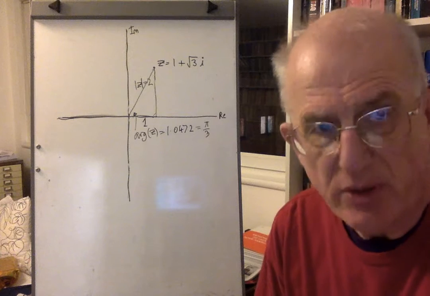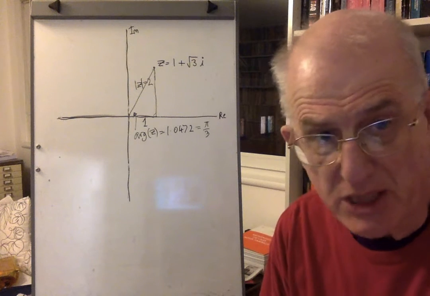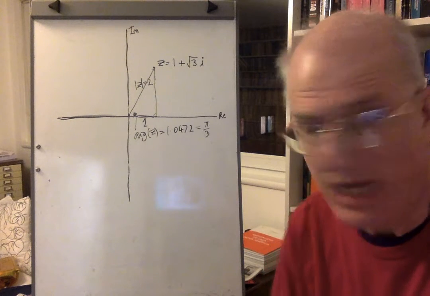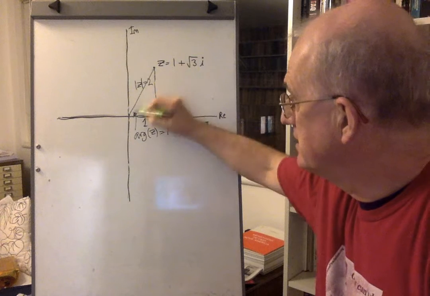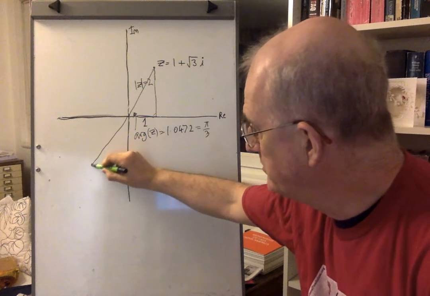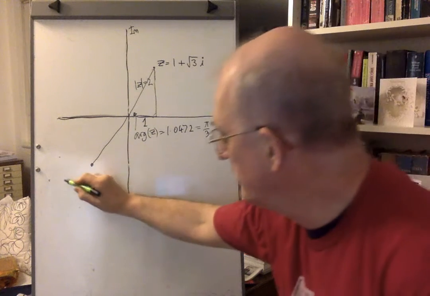The advantage of doing this over the method in the book is it's all in one calculation. Also, the book tells you to use inverse tan. And the trouble with doing that is if you do it for that point, you get exactly the same answer as you do for this point.